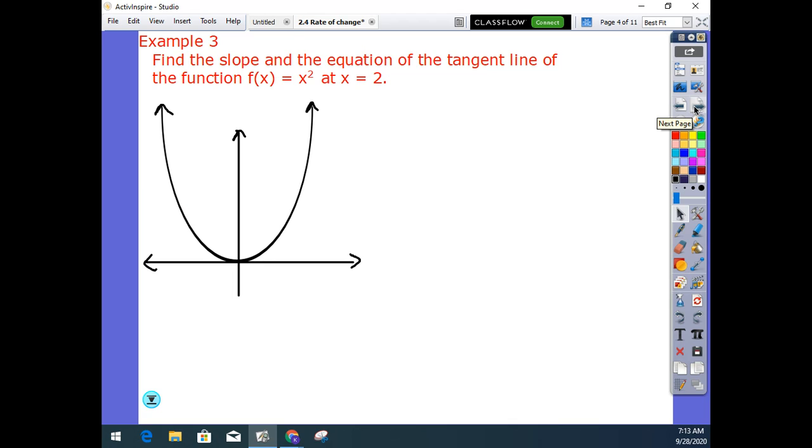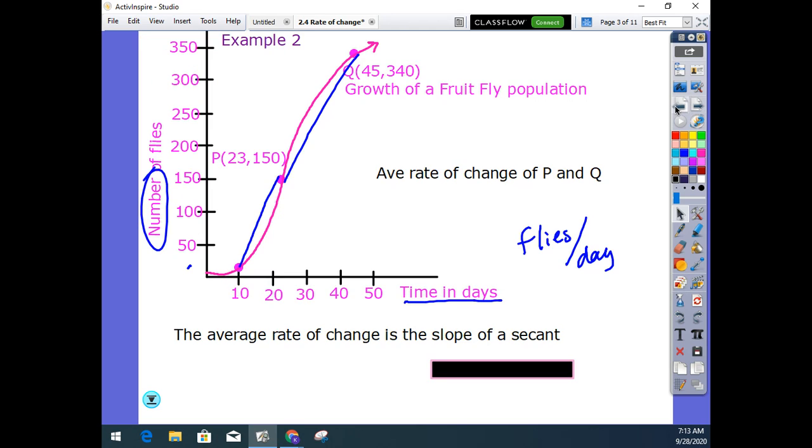Okay, now this is going to start getting into your calc stuff. If it does not say average, you're always going to be looking for instantaneous. Oh, you know what? I didn't actually put the example. We're looking at the slope of this point and this point.